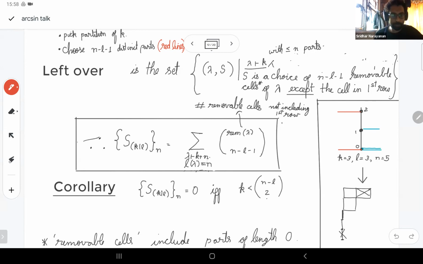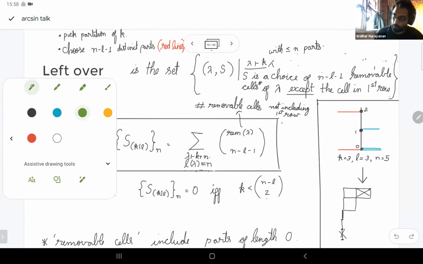The reason I've said partition of K plus n is that I've added a virtual vertical strip here.